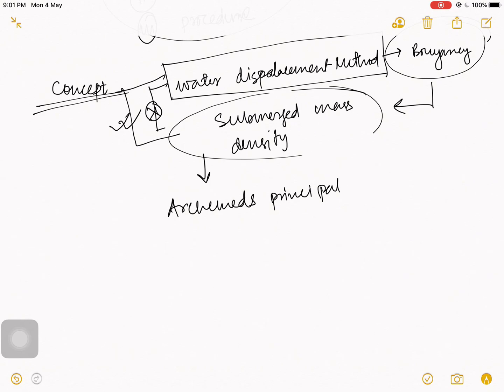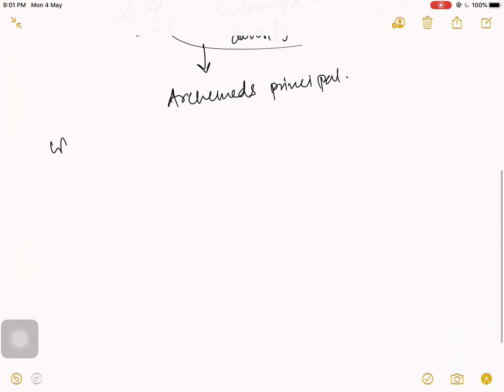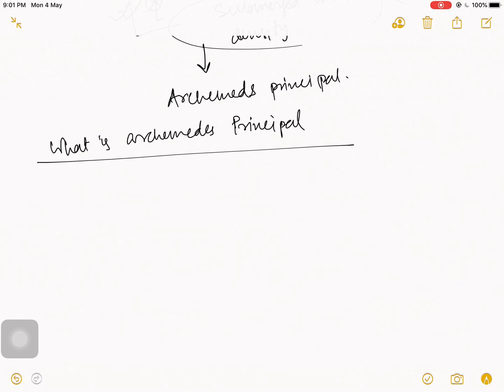Before starting this concept, I talk about what is Archimedes principle. Please forgive me for the handwriting.